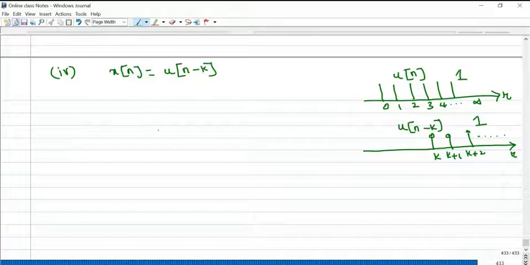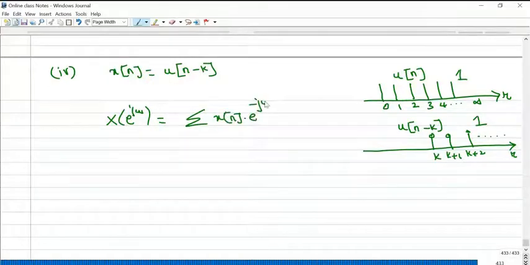Okay. So the general formula for DTFT: X of e power j omega equals summation x of n e power minus j omega n, n varies from minus infinity to infinity. In this example, x of n equal to u of n minus k. What is the starting sample? k.